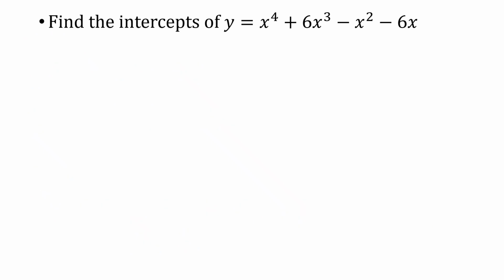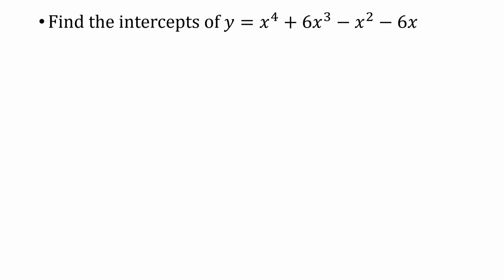Now let's proceed with the second example. Find the intercepts of y is equal to x to the power of 4 plus 6x cubed minus x squared minus 6x. Now to solve the x-intercepts, same procedure as example number 1.